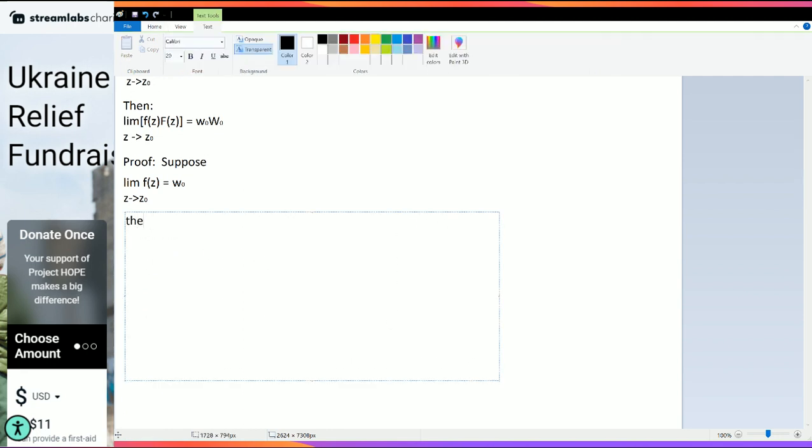Then, by property 9 of section 15, we have the limit of f of z squared equals w naught squared.